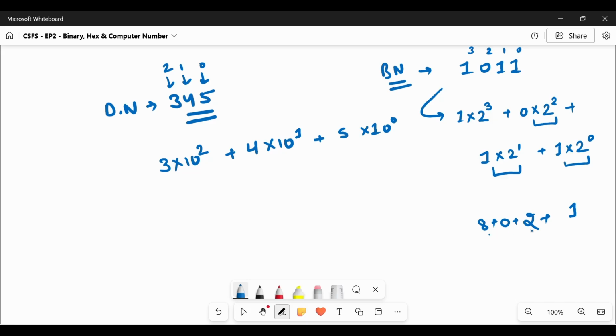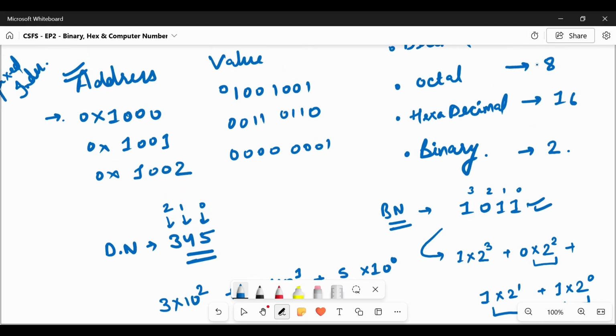So the value becomes 8 plus 2 is 10, plus 1 is 11. This is how we calculate based on the base value of our number system.